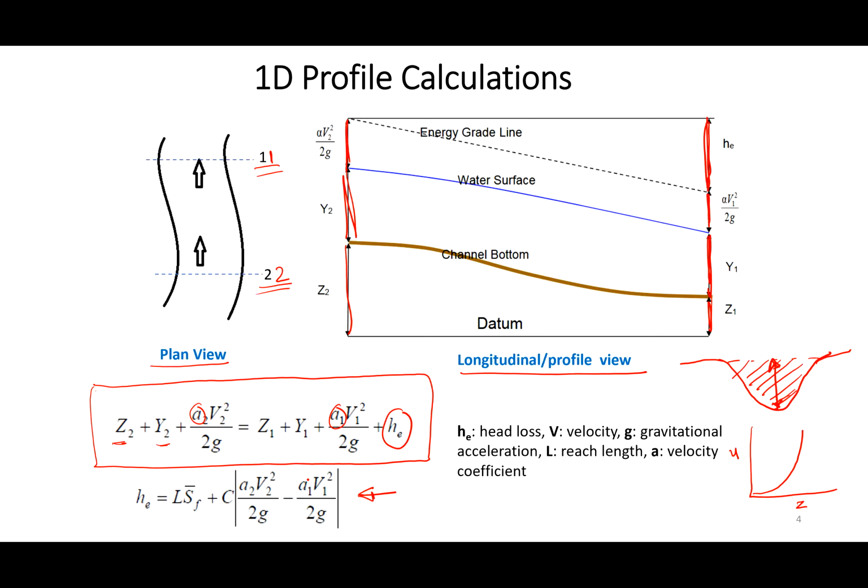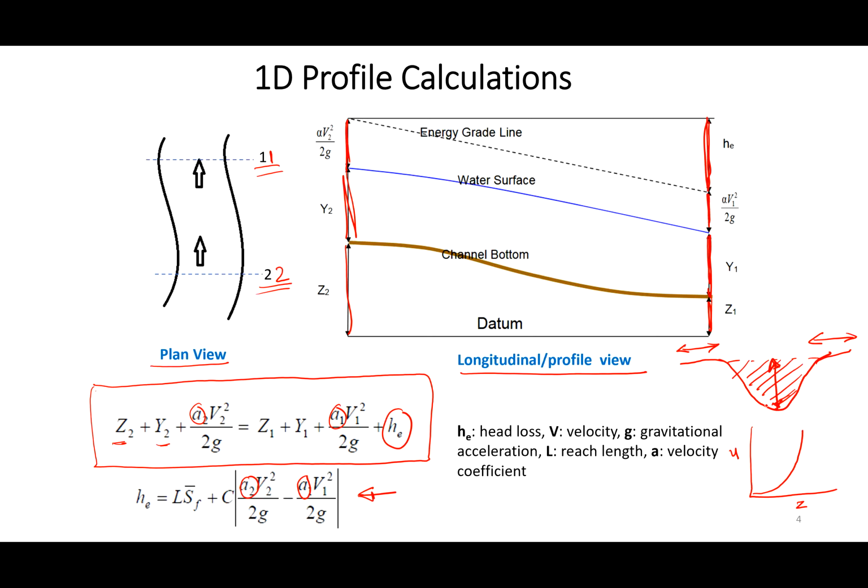So the coefficients alpha 1 and alpha 2 are used to adjust for that. We are trying to find a cross-sectional average velocity, and within HEC-RAS we also have velocity in the floodplains that will be different compared to the velocity in the main channel. So when you have flow going through the floodplain and the main channel, we are estimating one velocity value, and these coefficients are used to adjust for that.